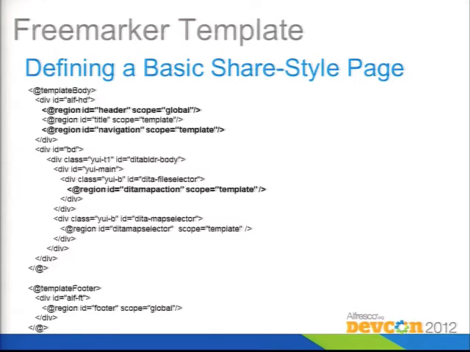And then it's also got a footer, so that kind of completes the Share shell of what the template looks like. Inside of the body part of the template here, there's a region where I'm going to put a selector for my data maps, and then the part where I'm going to display my data map itself.